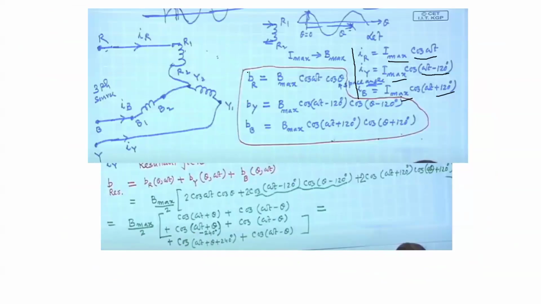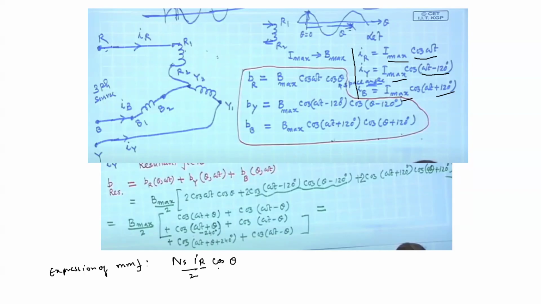Now what will happen to the resultant mmf? So let us see. The expression of the mmf is like this: Ns Ir by 2 cos theta.